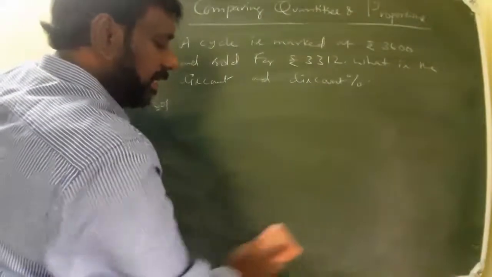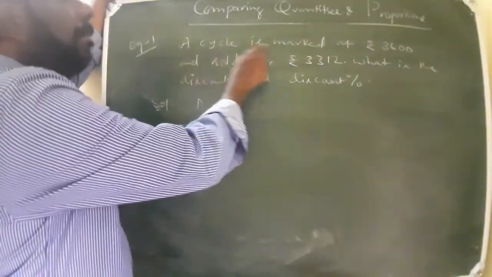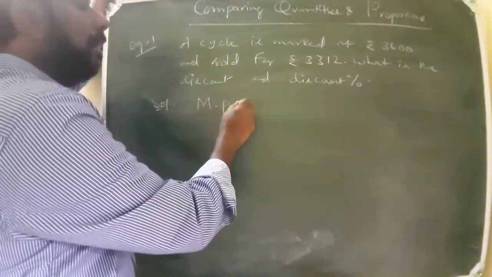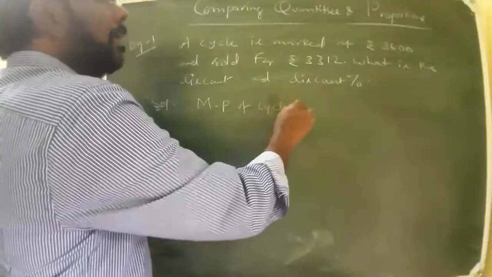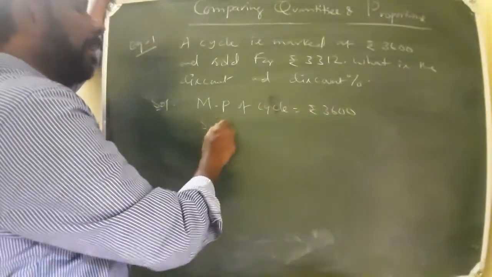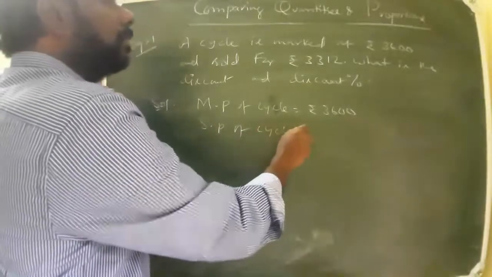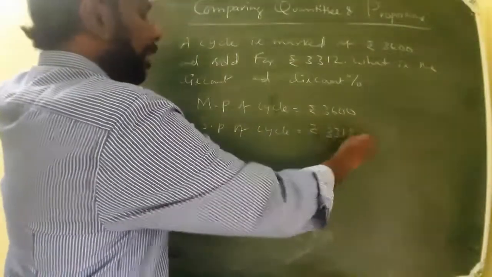Now you'll see this one here. First you have to write what is given. Market price of the cycle is rupees 3600. Selling price of the cycle is 3,312.